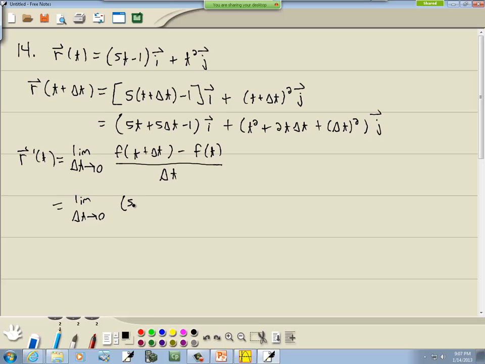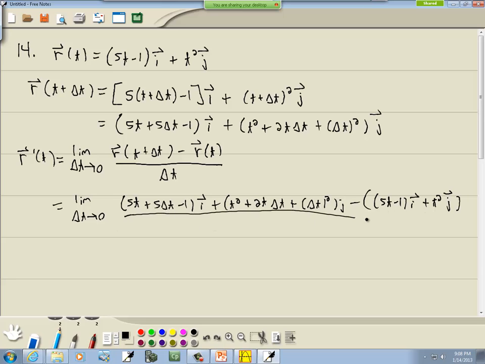So this becomes 5t plus 5 delta t minus 1 i plus t squared plus 2t delta t plus delta t squared j, minus, why am I putting f of t there? That should be r of t. There we go. Minus r of t, which is this right here. So we're going to have 5t minus 1 i plus t squared j, all over delta t.